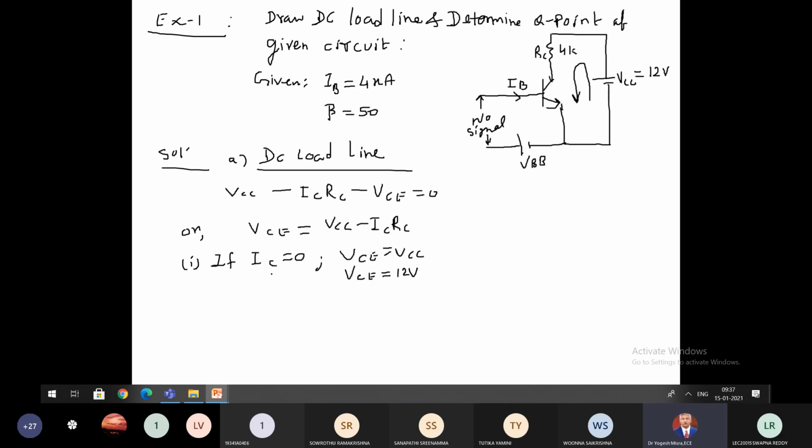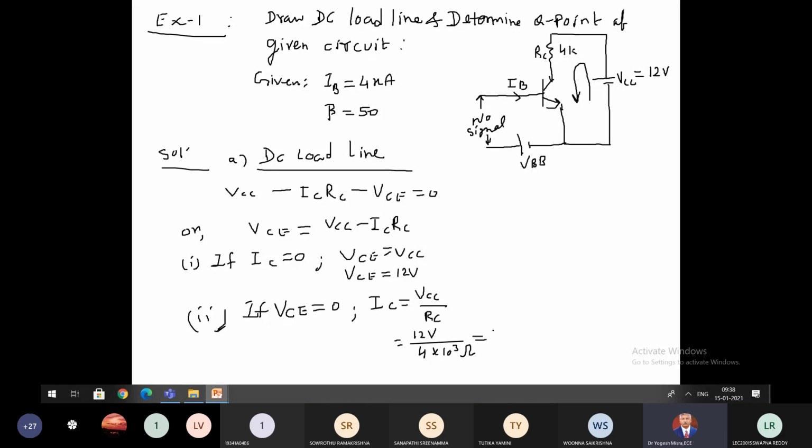Right? And in case 2, what we will do? We will make VCE 0. If VCE is 0, then we will get IC is equal to VCC by RC. Okay, and this will be VCC is 12 volt and RC is 4K. So 4K in terms of ohm, I will write 4 into 10 raised to the power 3 ohm.